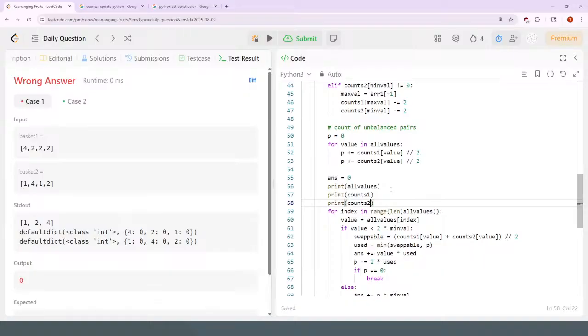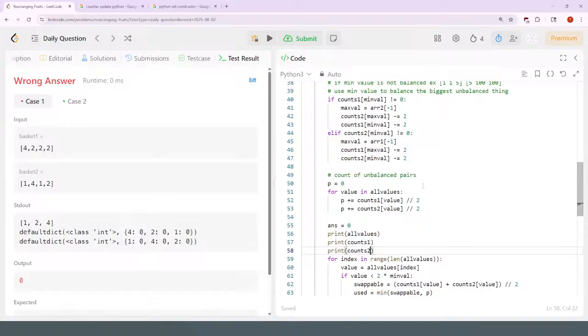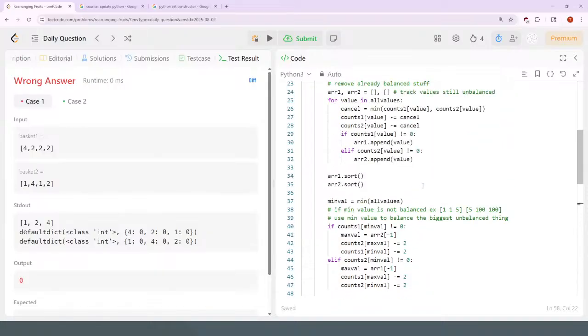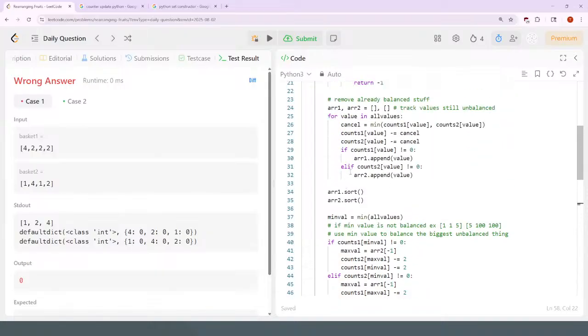One, two, four. Really, everything got canceled. How odd.